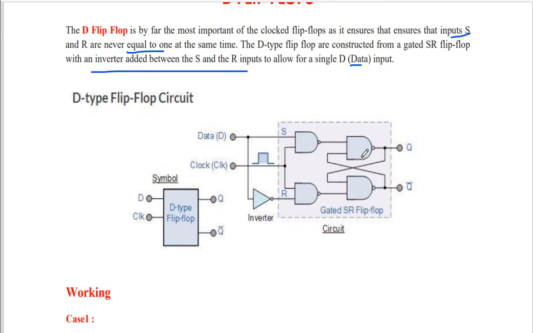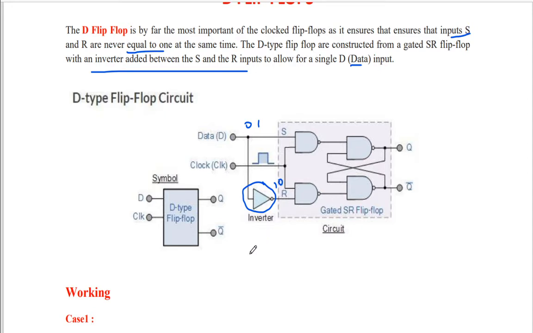Now, what are the modifications that we have done in the previous SR flip flop to avoid the last condition? The input that is going to the R, that is to the lower NAND gate, we have added a NOT gate here, which is acting as an inverter. So when S is 0, R will be getting 1, and when S is equal to 1, R will be 0.